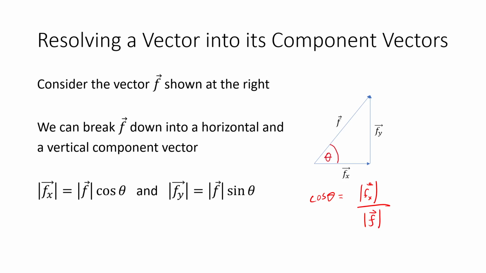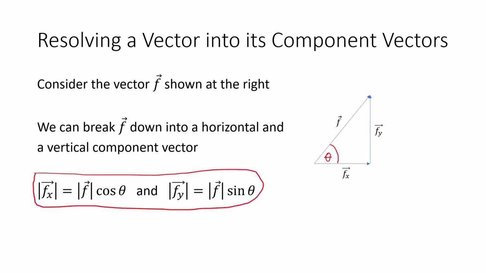If you then rearrange this equation, you get that first equation typed out there. And going back to this diagram, sine theta would be opposite over hypotenuse, the magnitude of Fy over the magnitude of F. And if we rearrange that, we would get the second typed out equation. So it's sometimes convenient just to have those formulas ready at your fingertips, the two circled equations right there.